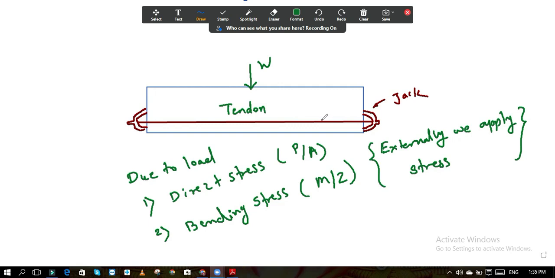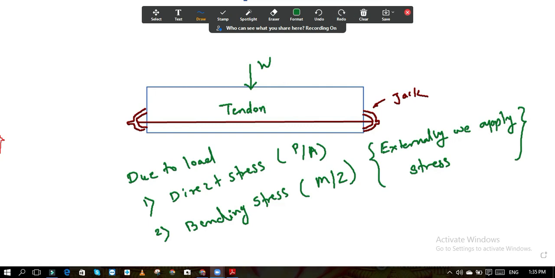The name itself suggests pre-stress, meaning stressed before. So these tendons are stressed first, and then they are put into the beam. So this is the pre-stress.